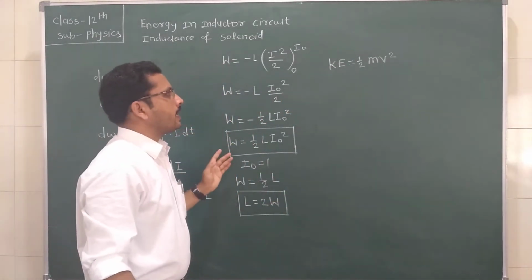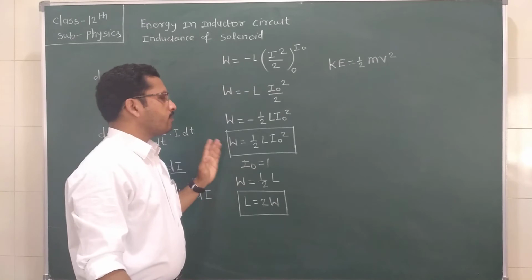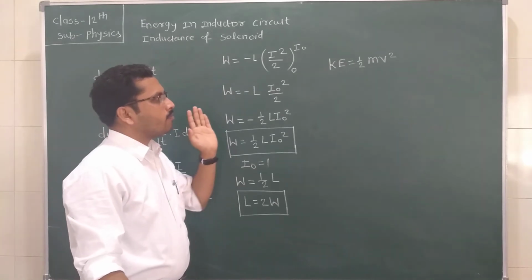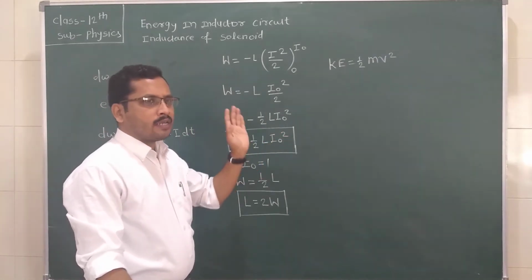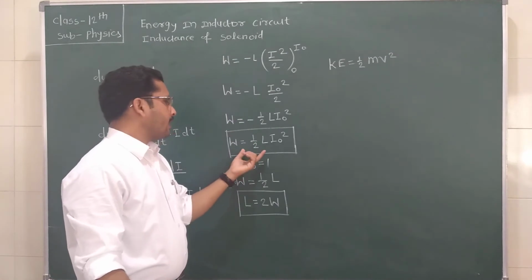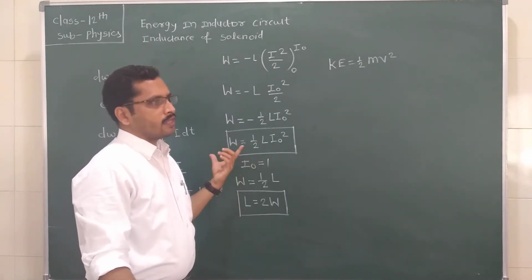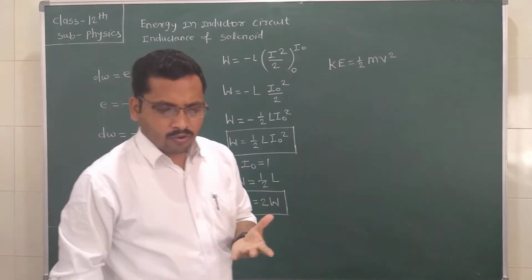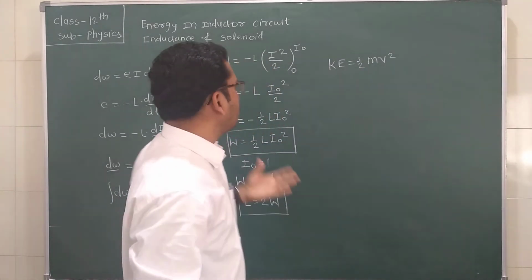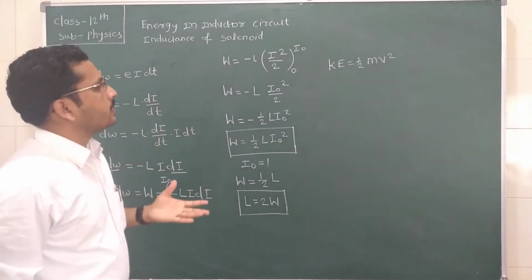So we can say that there is some analogy between the energy of a particle performing linear motion as well as the energy stored in the inductor circuit. So this is the energy in an inductor circuit.